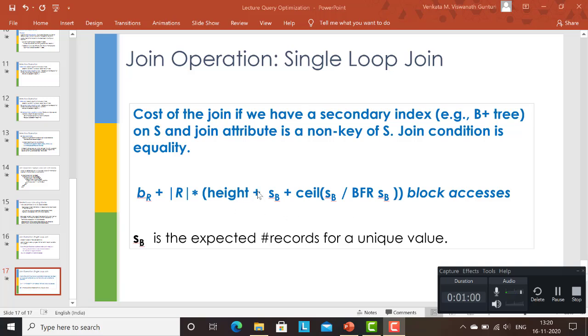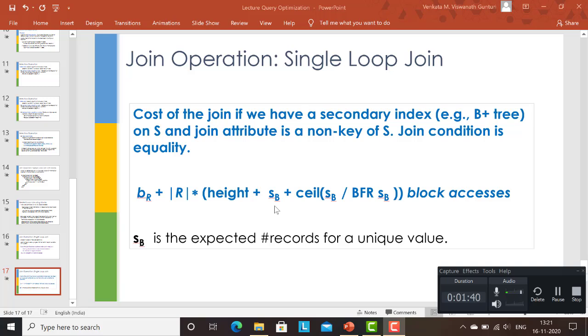So as I said before, whenever we are constructing a B plus tree on a non-unique attribute, the tree by itself will contain only the unique values that appear in the column, and then at the leaf level, for any one particular department ID, I will store a pointer to a disk block or maybe disk blocks which contain the addresses of all the tuples where that particular department ID appears, right?